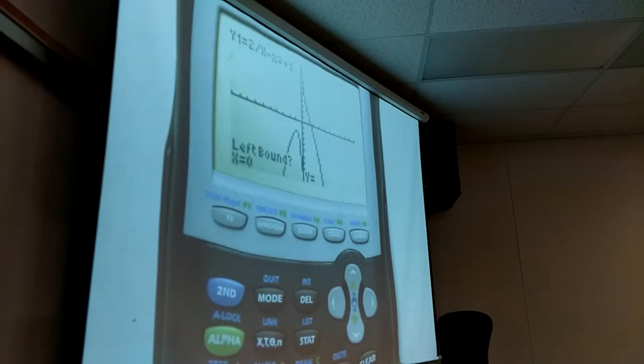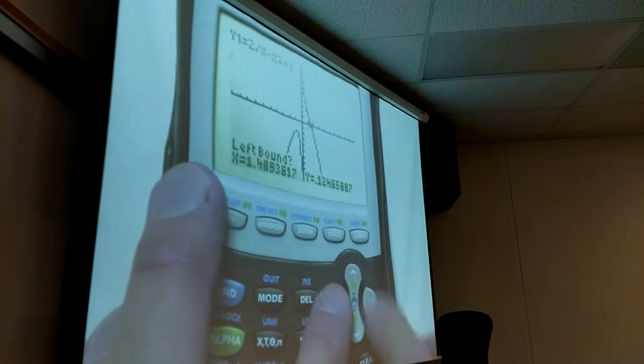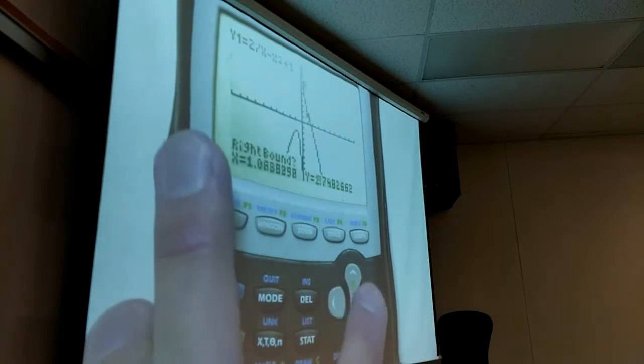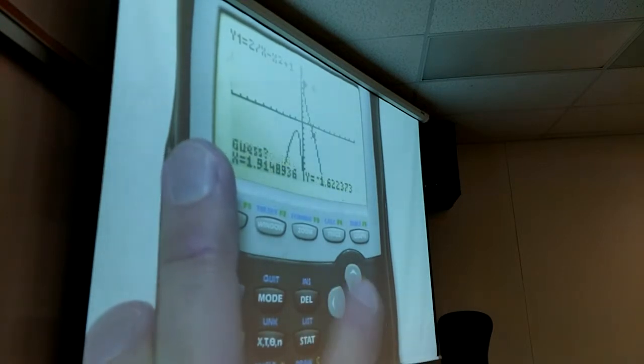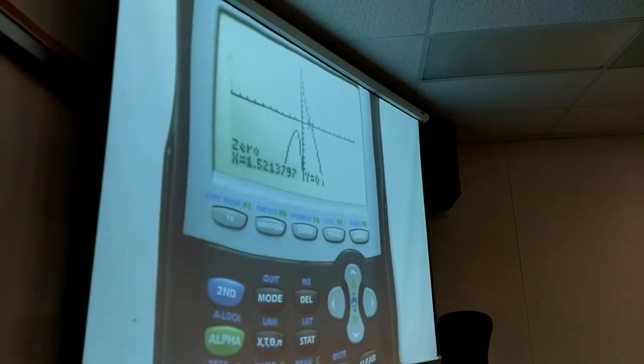Does that make sense? So that's why it has to ask for a left bound. So go in the answer, go left a little bit, enter. Go in the answer, go right a little bit, enter. Give it some walls to live in. And then I go right on top of the answer, and I get 1.5213797. It shows even less places on this screen, but oh well.